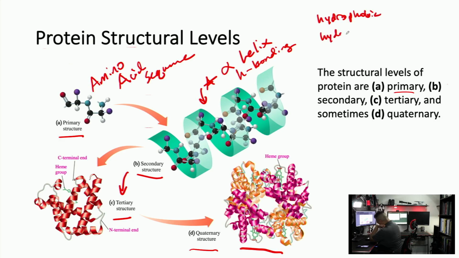Hydrophilic. Right? Then salt bridges, or we can also call those ionic interactions. And then last but not least, in the non-covalent, hydrogen bonding. And then the one covalent interaction is what? The disulfide bond.